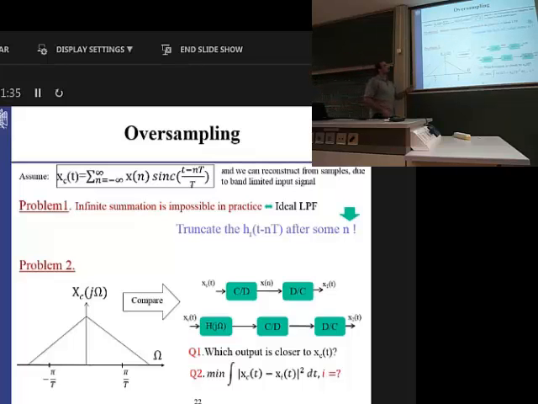So we should truncate these sinc functions, which are shifted and scaled by the values of x[n]. There's no doubt about it. So that's the first problem, and it comes from the idea that the ideal low-pass filter is not possible, because we have no ideal low-pass filter.